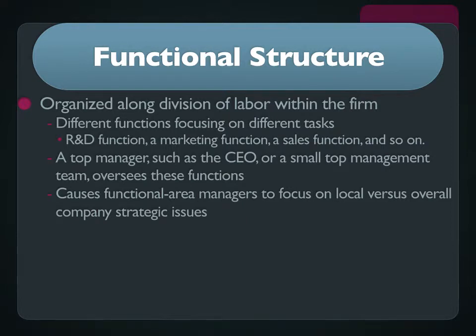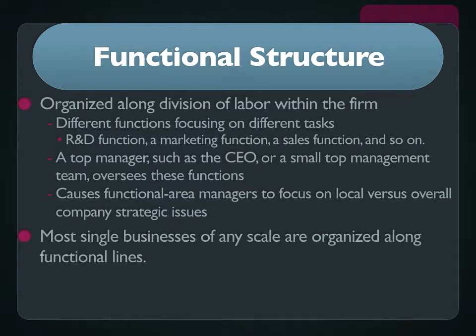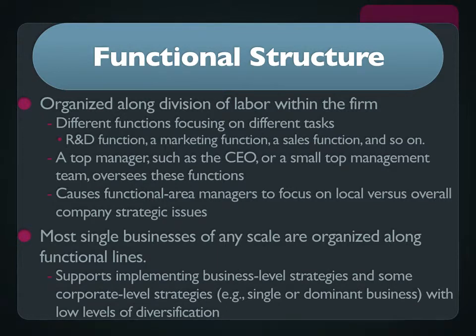And this causes functional area managers to focus on local versus overall company strategy issues. Most single businesses of any scale are organized along these functional lines, and it supports implementing business level strategies and some corporate level strategies with low levels of diversification.